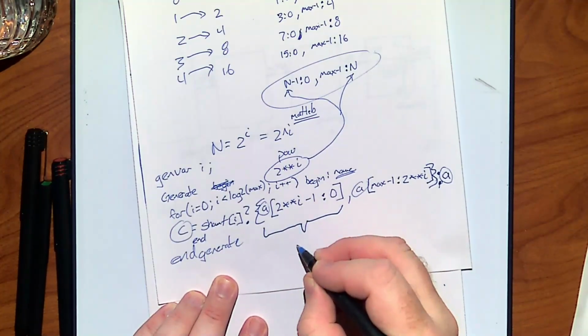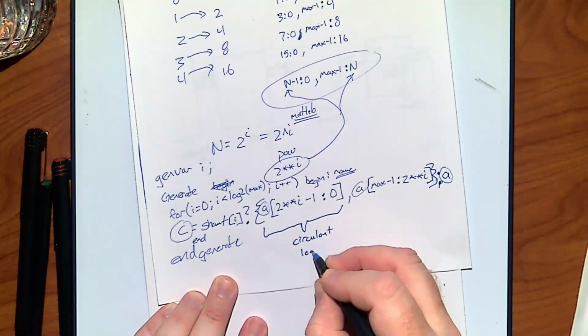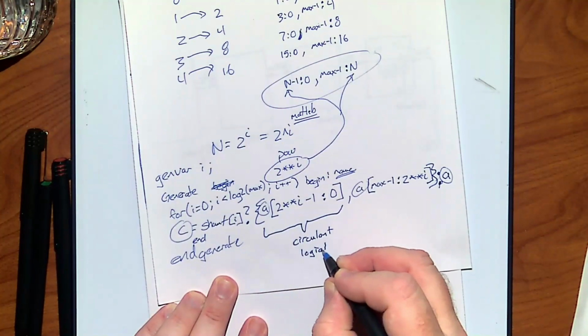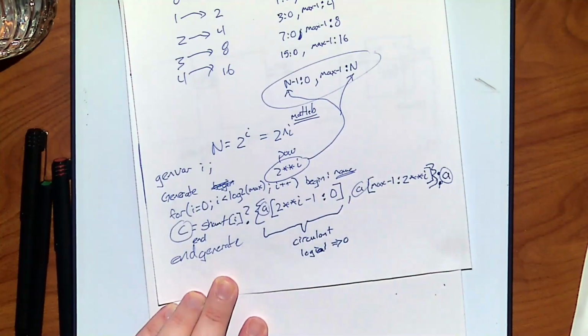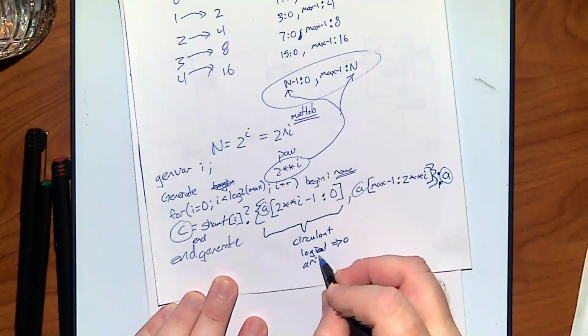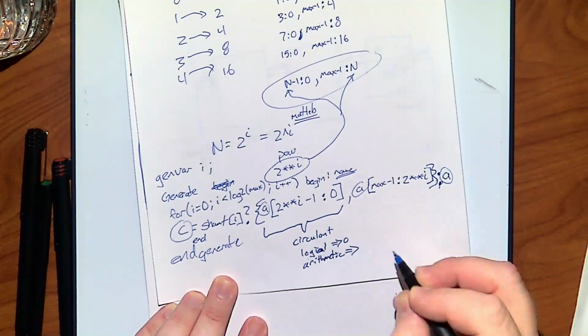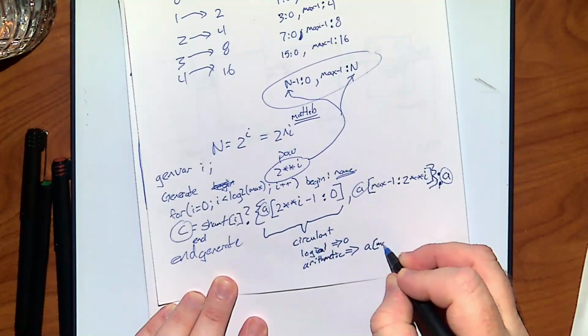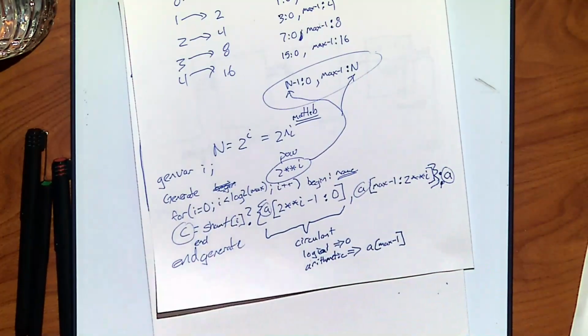This part determines if it is circular. Logical would just have all zeros there, and arithmetic would have A max repeated, technically A max minus one, shifted in.